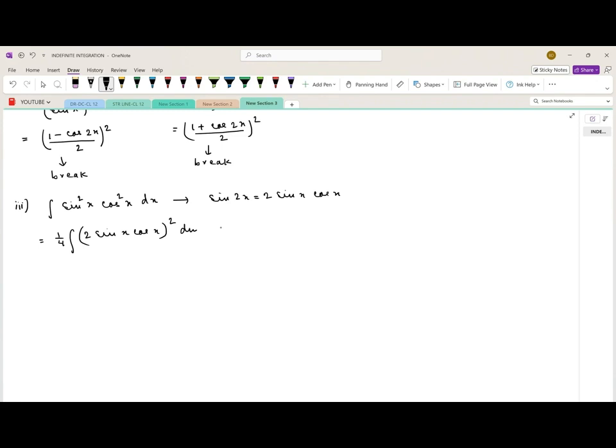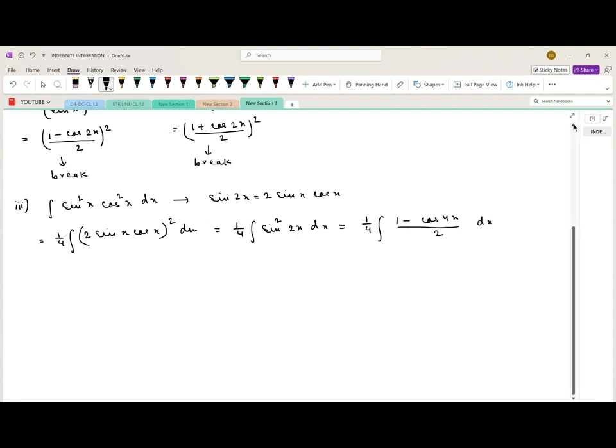So this becomes 1/4 sine square 2x dx. Then go back to the previous type, that is, you replace sine square 2x by 1 minus cos 4x by 2 dx.